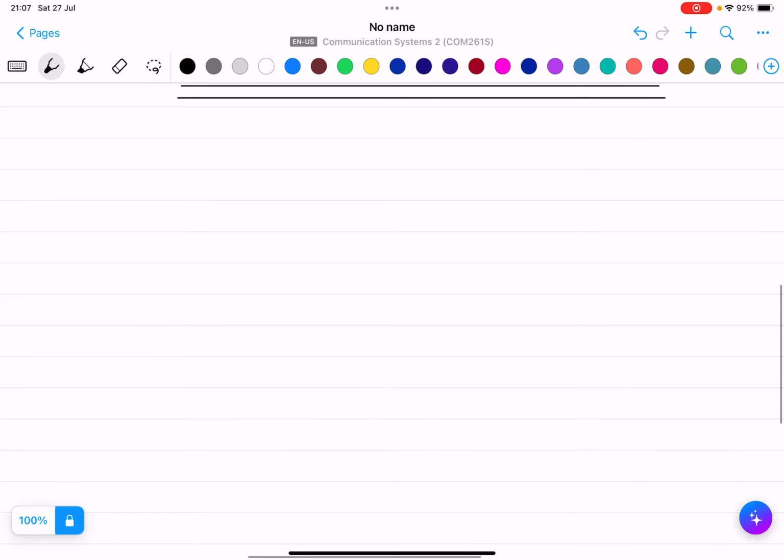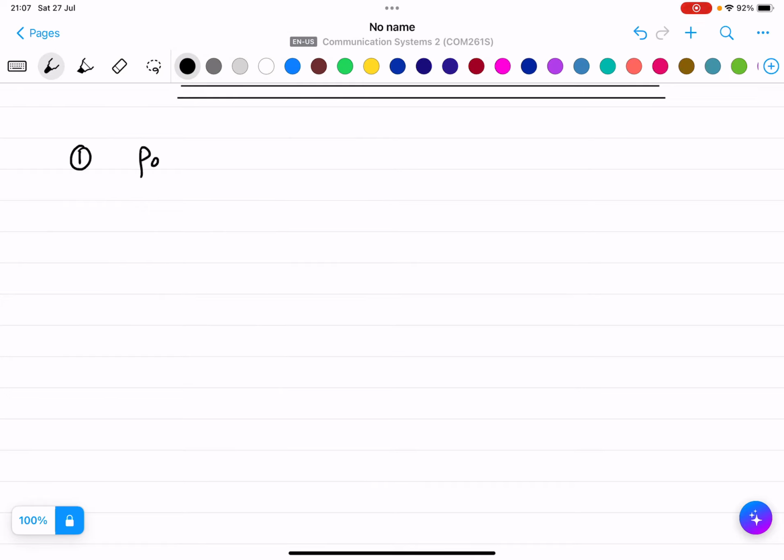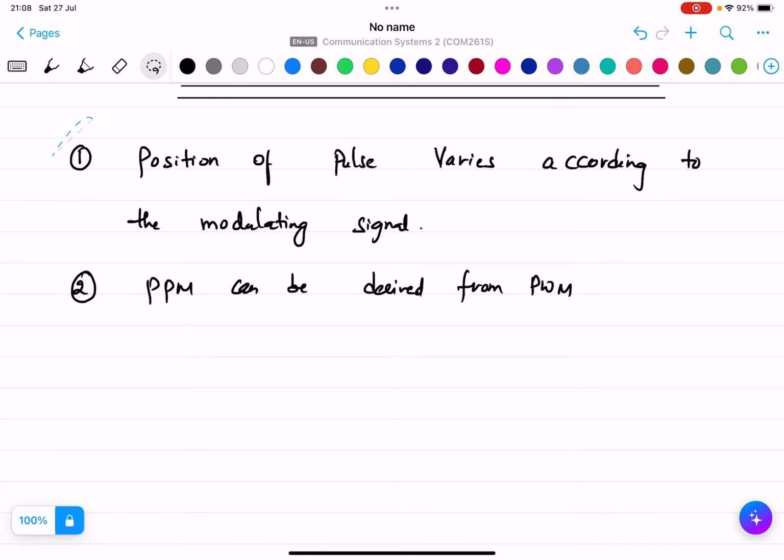When I am speaking about PPM, I will write: position of pulse varies according to the modulating signal, because I am talking about PPM. PPM can be derived from PWM.